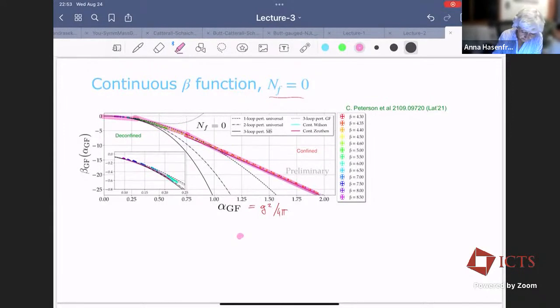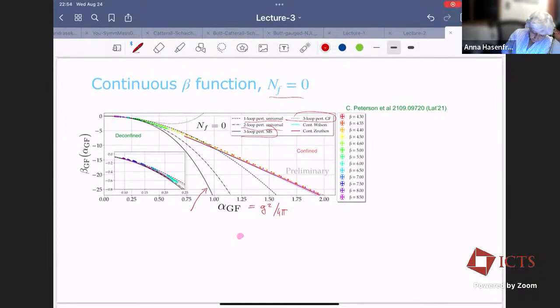The various black lines represent the one-loop perturbative, two-loop perturbative, three-loop MS bar, three-loop gradient perturbative results. What you can see from this plot is that the numerical data is not following any of the higher loop perturbative predictions. This one is the three-loop MS bar, that's really far away from the numerical data.